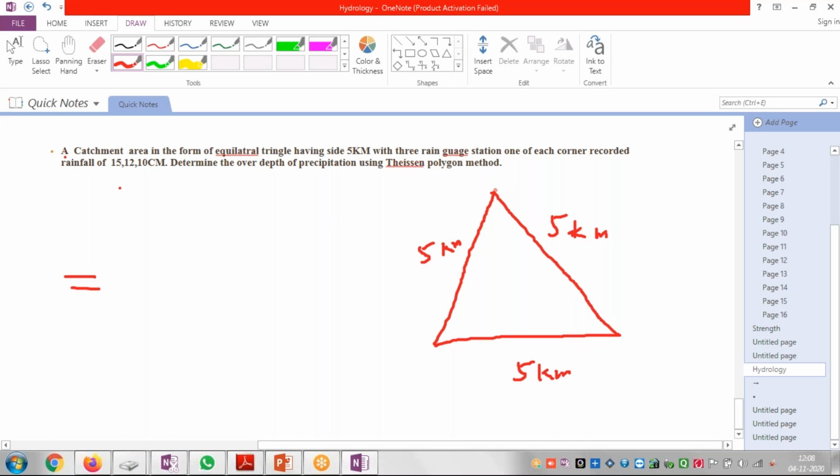With 3 rain gauge stations, here is one rain gauge station. This I say is rain gauge station 1. Here the rain gauge station is 2, and here the rain gauge station is 3, right?